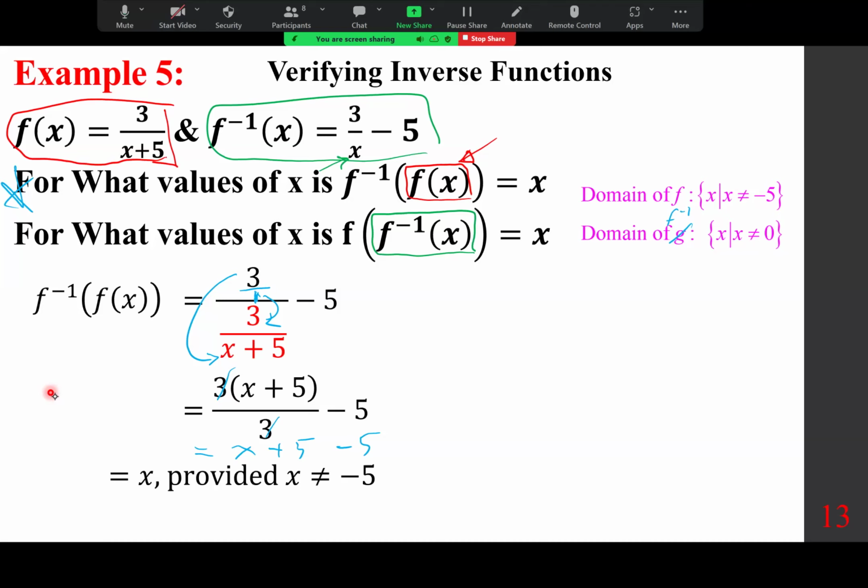Let's look at the second case, f of f inverse, which means here's now the f function. We're going to replace this x with 3 over x minus 5.